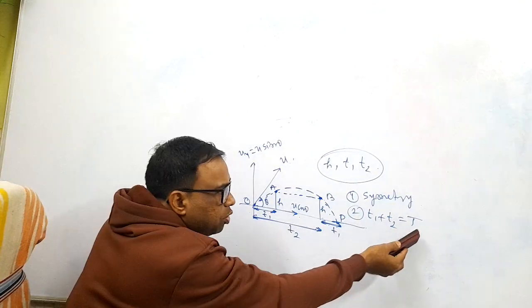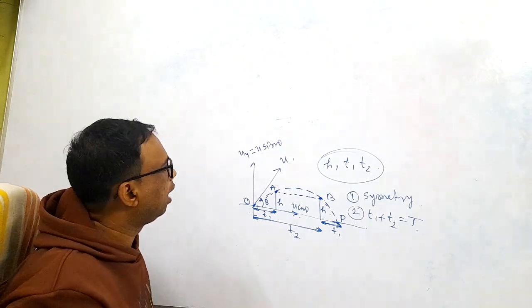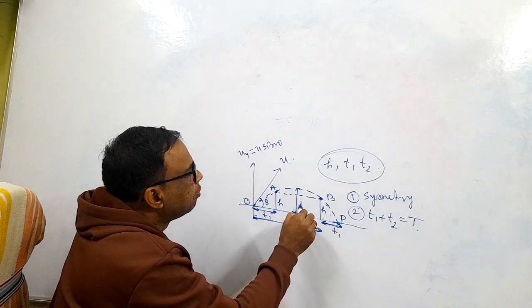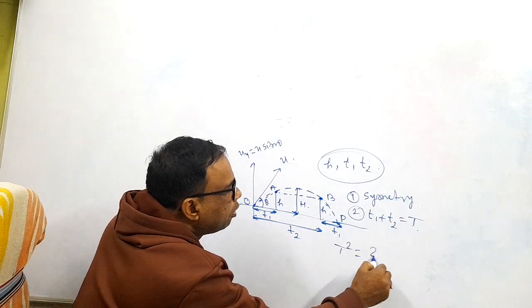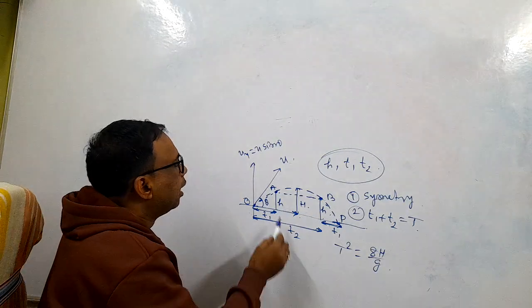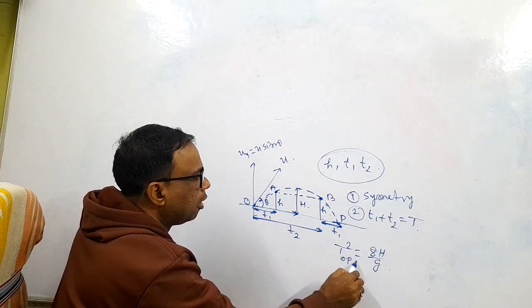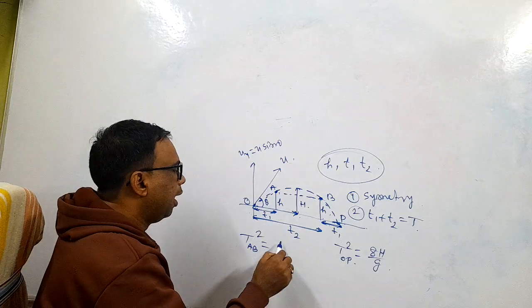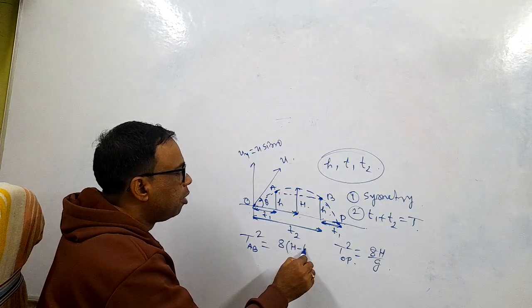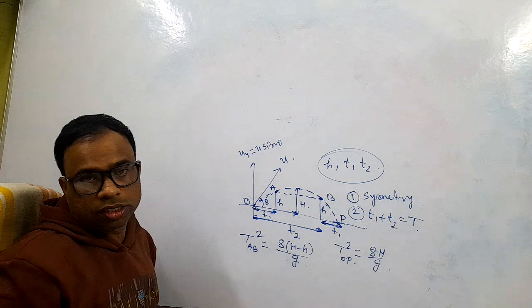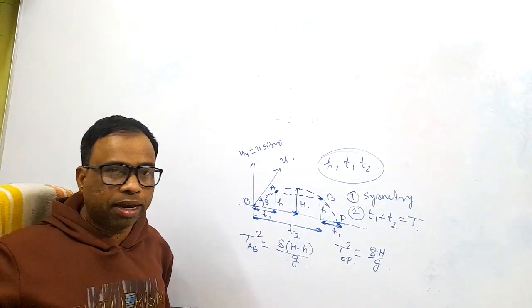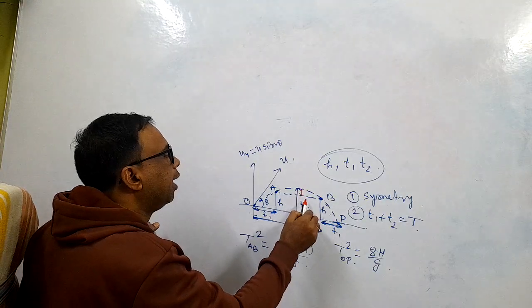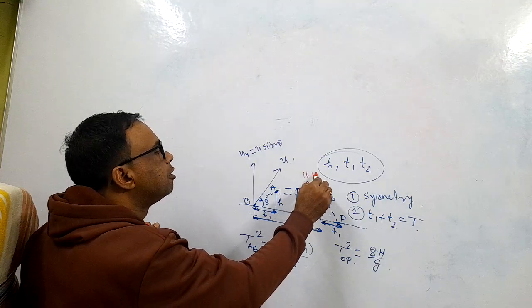Now t1 plus t2 equals t, and in the first video I gave you, suppose this is the maximum height, t squared equals 8h by g. That is for TOP, and suppose TAB means 8 into h minus h by g, because the maximum height for C to D, and for A to B is this, which is nothing but h minus h.